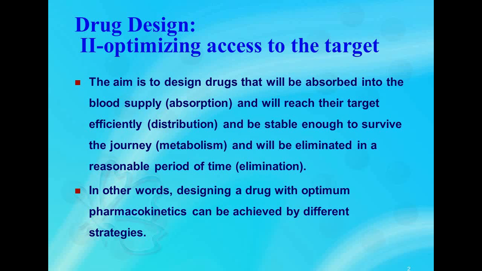In short, all of these processes are known as ADME, that is absorption, distribution, metabolism and elimination. In other words, designing a drug with optimum pharmacokinetics can be achieved by different strategies. So now let's discuss different strategies one by one.